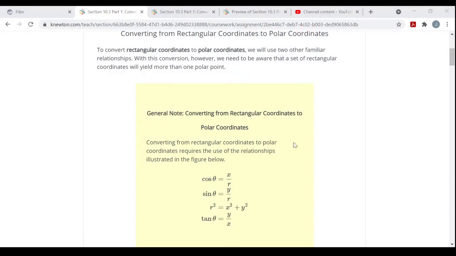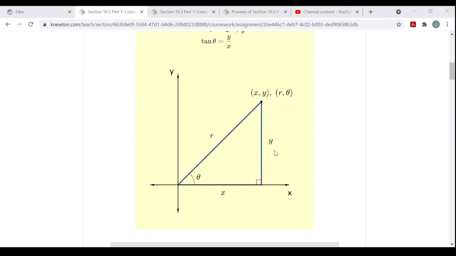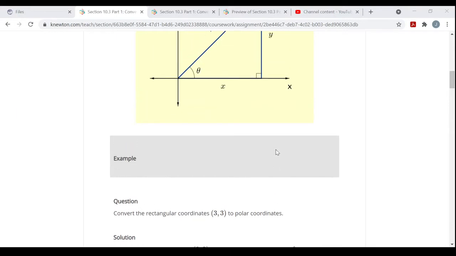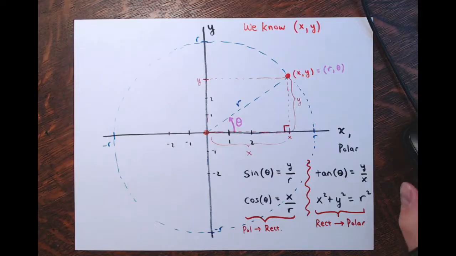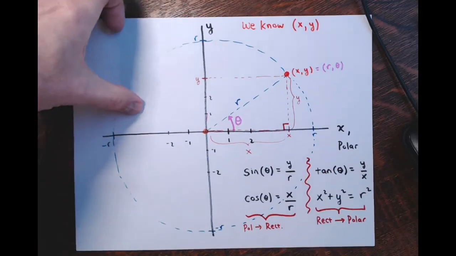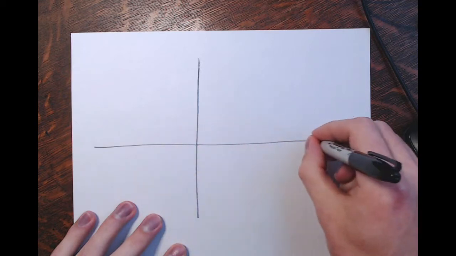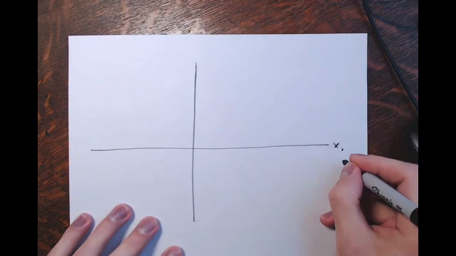Now, they do draw a picture like that here too. They don't have the circle or anything in there, but let me go over one example and then I'll go to the problem in the assignment I'm looking at. So suppose we have the rectangular coordinates 3, 3. So I'll draw that here on a separate sheet. Again, vertical axis, and then this is your horizontal, the x-axis slash polar axis.